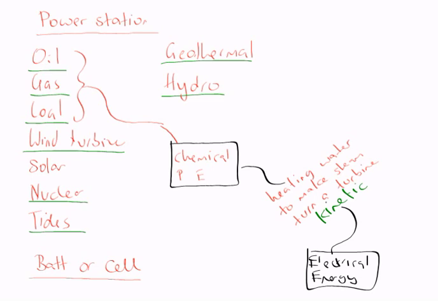So we've got chemical potential energy goes to kinetic energy goes to electrical energy.